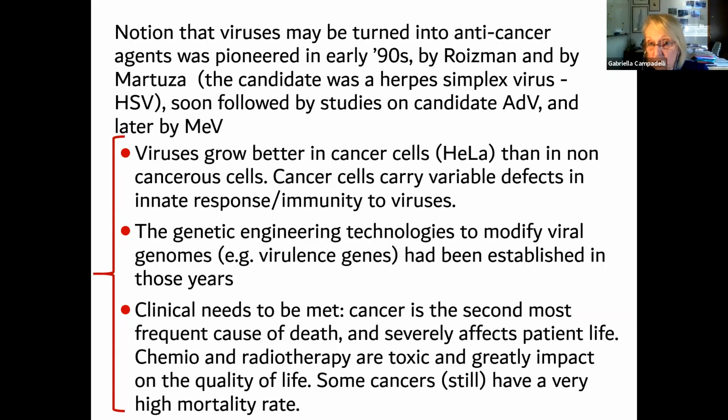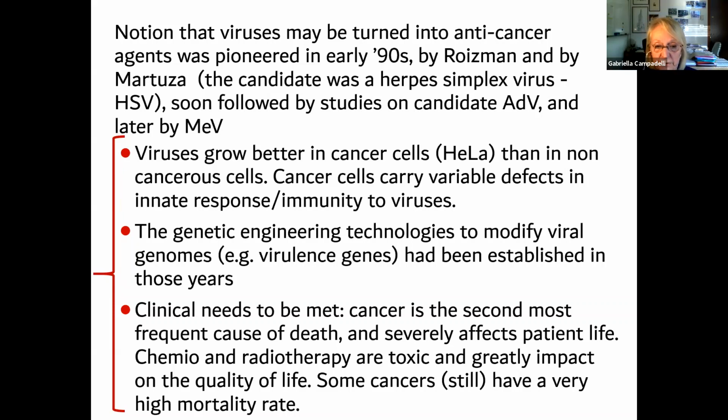And in those years, the genetic engineering technologies to modify viruses had just been established. And there was obviously a clinical need to be met. Cancer, as of today, is the second most frequent cause of death and severely affects the patient's life.